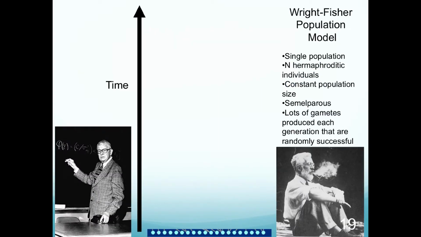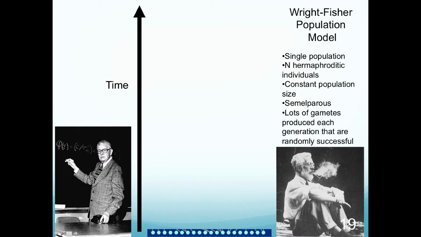Now, this concept was conceived of by both Sewall Wright and R.A. Fisher in what's called a Wright-Fisher population model. In a Wright-Fisher population model, we have a population of individuals that are hermaphroditic. They have a constant population size. They're semelparous, which means that they die as soon as they reproduce.